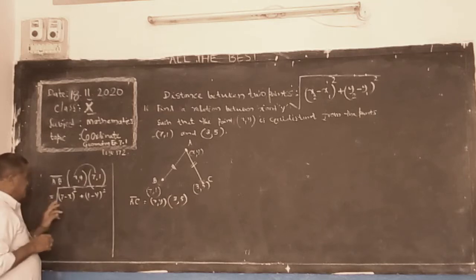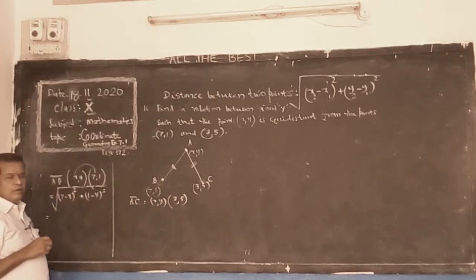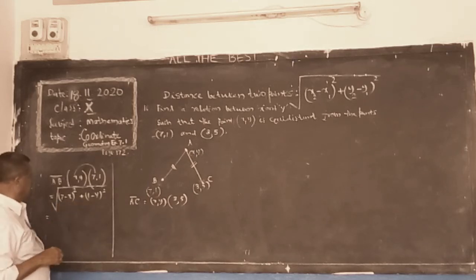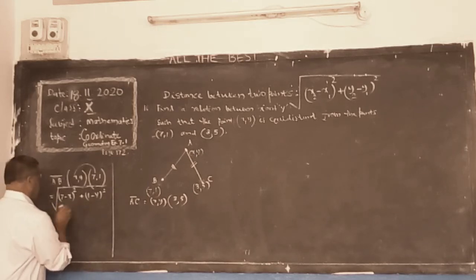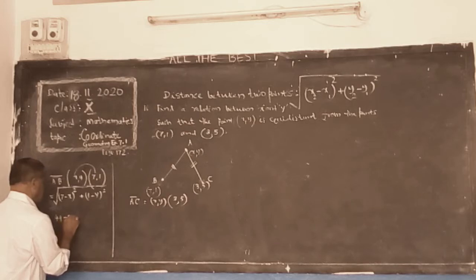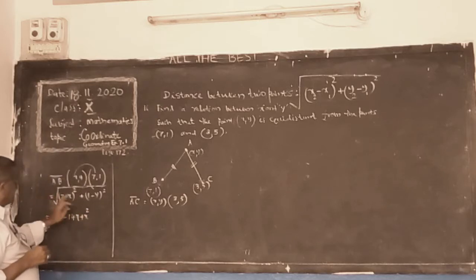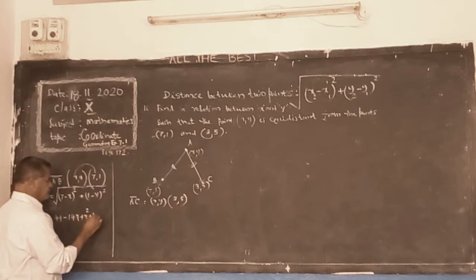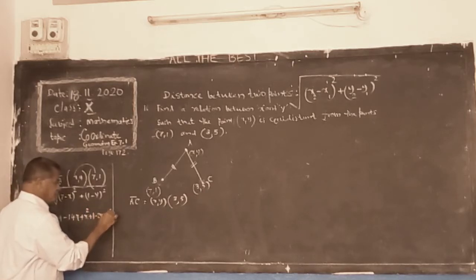Now, it is in the a minus b whole square form. So apply the formula and expand: a squared, 49, minus 2ab, 2 into 7 into x, plus x squared. This is a minus b whole square, and this is 1 squared minus 2y plus y squared.